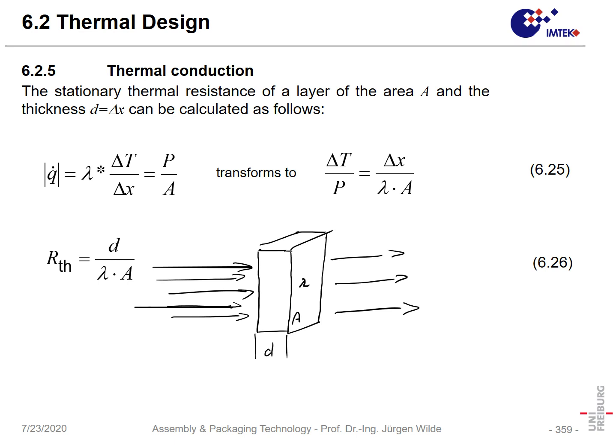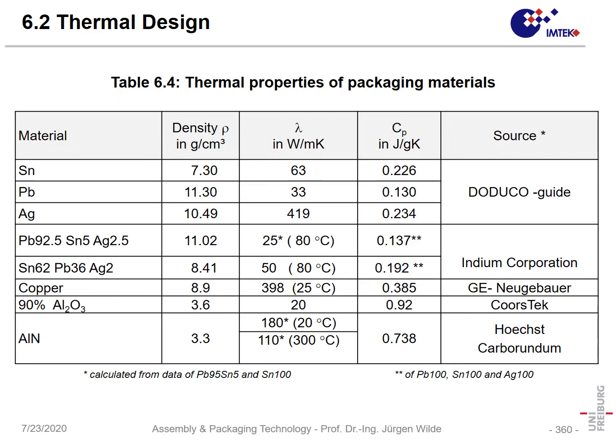In that way, we would not only have a delta T over d, but then we also would have a delta T over time. That would be transient, that would be steady state, but we will only address steady state heat in this lecture.